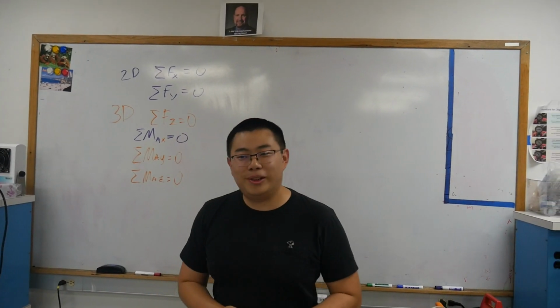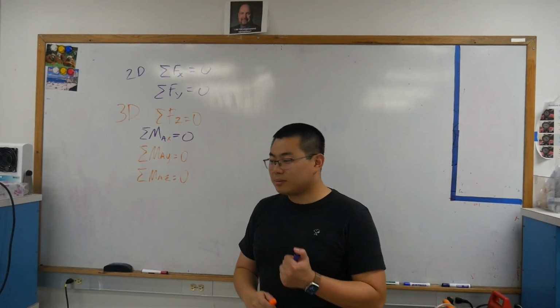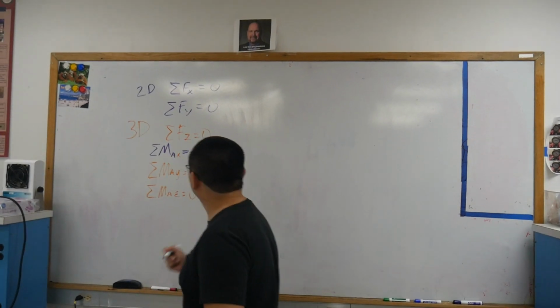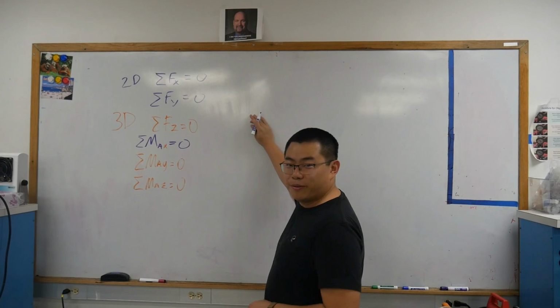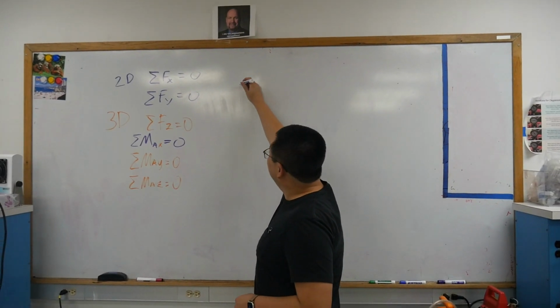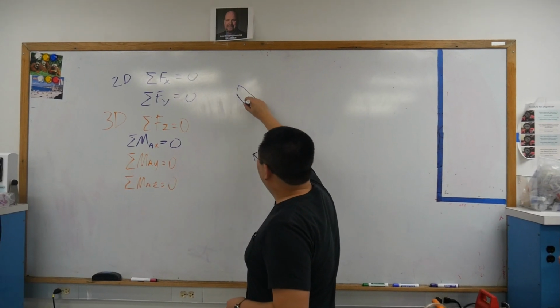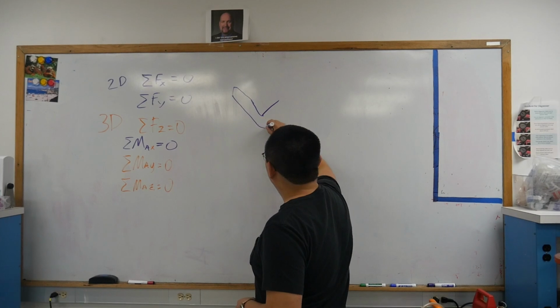So 3D equilibrium can have up to 6 equations, and that means 6 unknowns. And one important thing for a 3D system is that we can have a lot of different constraints.